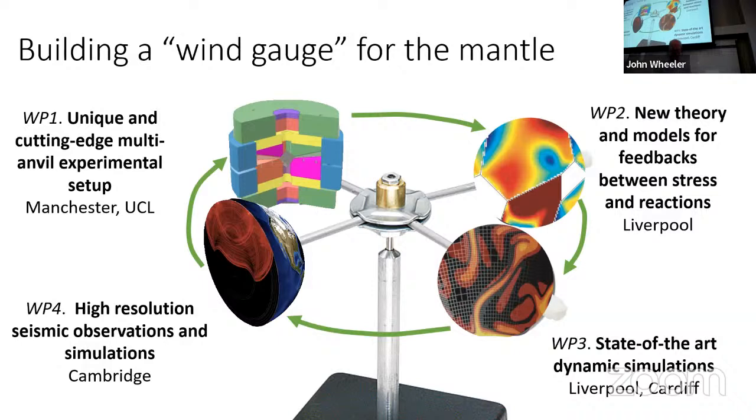And so there are going to be a lot of next generation experiments with next generation equipment. There's going to be modeling on the micro scale, the grain scale, to try to explain those experiments. We're then going to upscale all that to mantle convection models, these things on the scale of 1,000 kilometers.